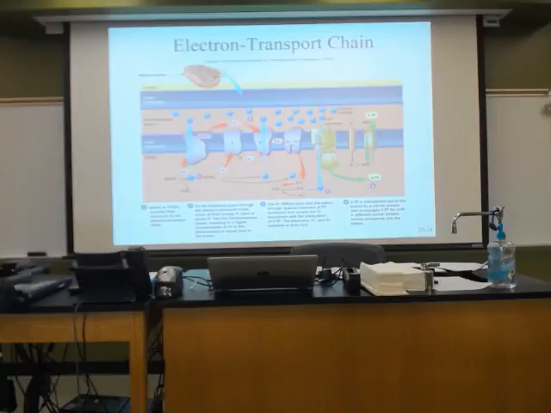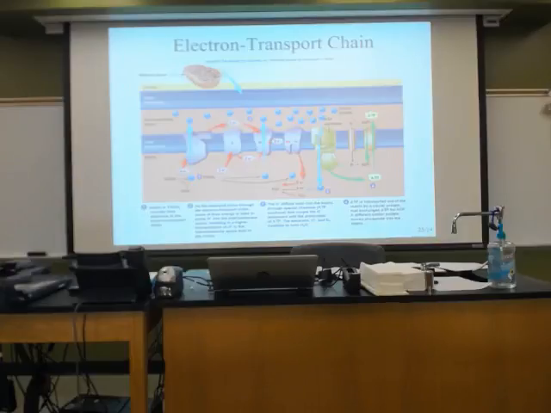In other words, is it like a separation between the inner and the outer? A space? Yes. I've got a space present between the inner membrane and the outer membrane.